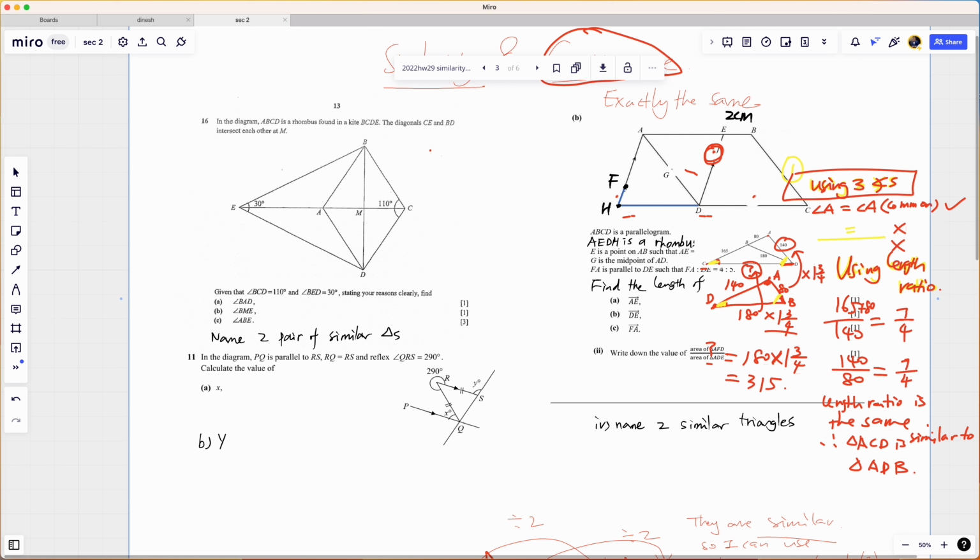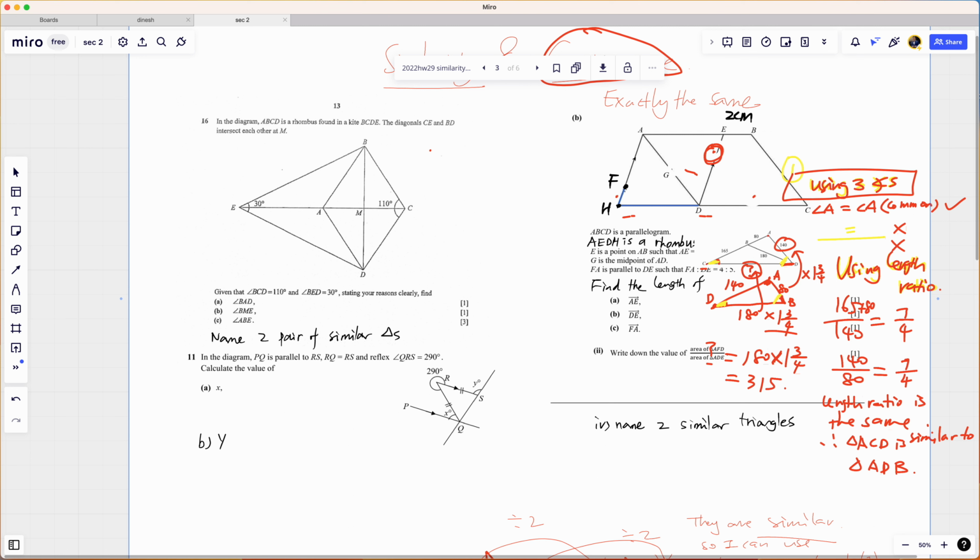Now, name two pairs of similar triangles. So, which is similar to which? Two. What I see here is this whole thing is 110, right? This is 90, right? So this one is how much? 55.